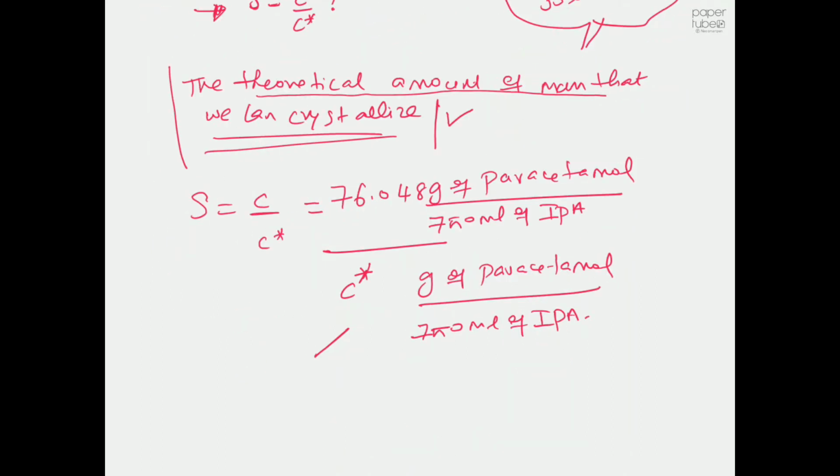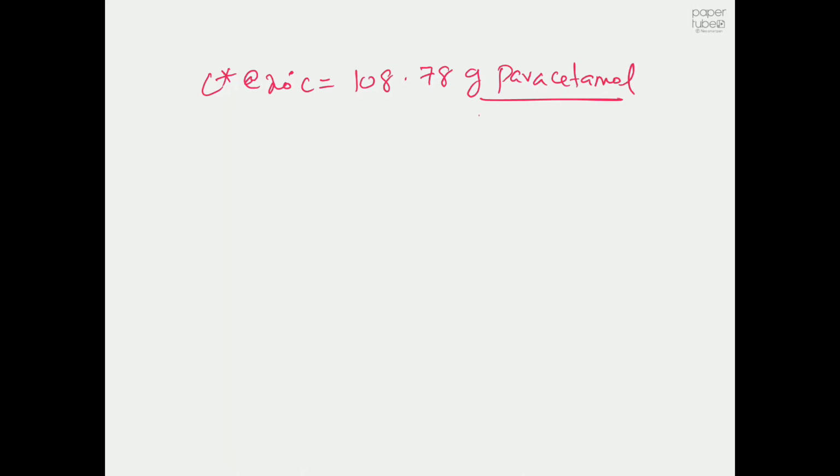We have this value, but in slightly different units. C star at 20 degrees centigrade is 108.78 gram of paracetamol per kg of solvent. I think so far so good.